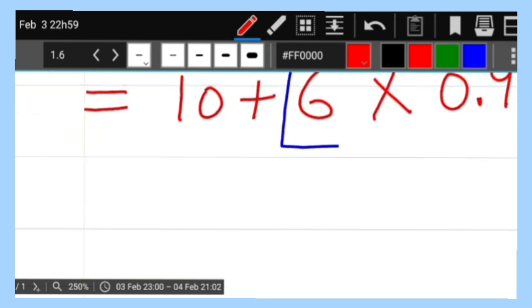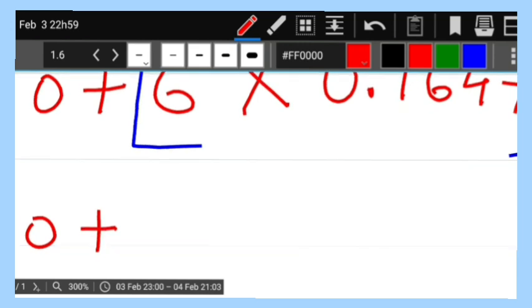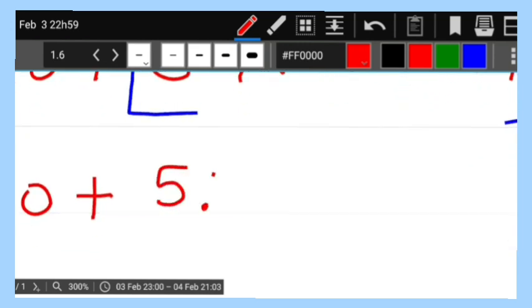Okay, so 10 plus 6 into 0.9647. So 6 into 0.9647 is equal to 5.7882.